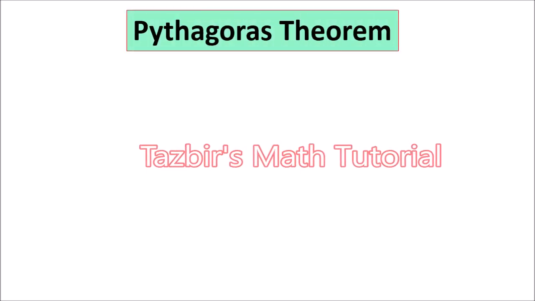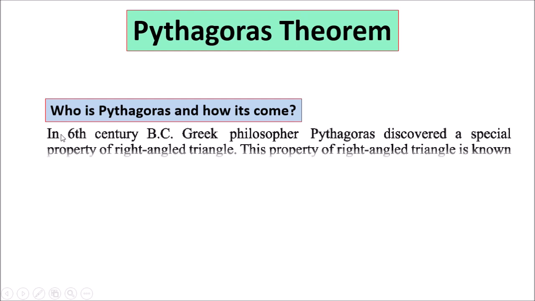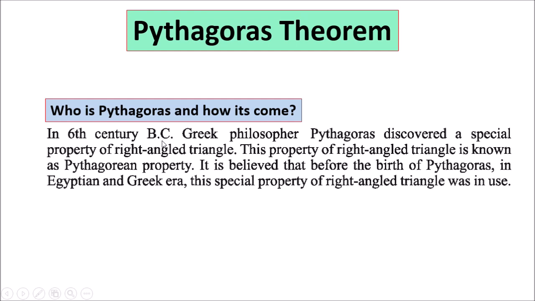So now the question, who is Pythagoras and how did it come? In the 6th century BC, the Greek philosopher Pythagoras discovered a special property of right angle triangles. This property of right angle triangles is known as the Pythagorean property.